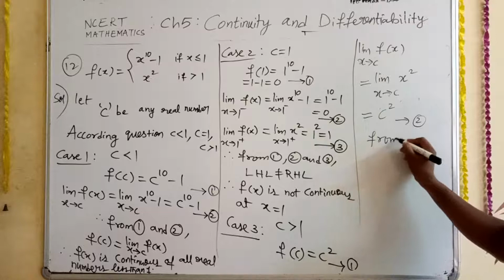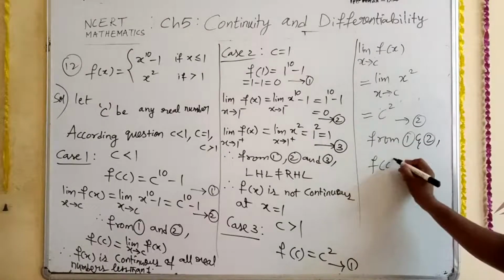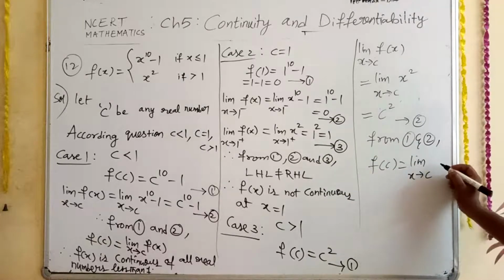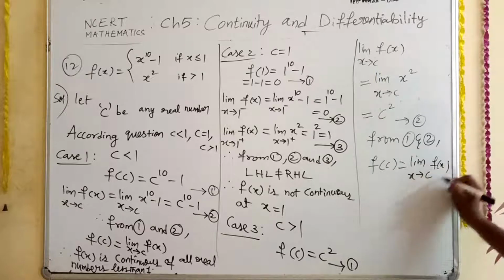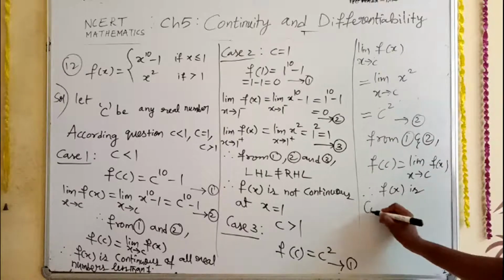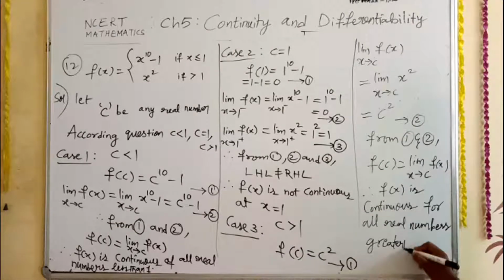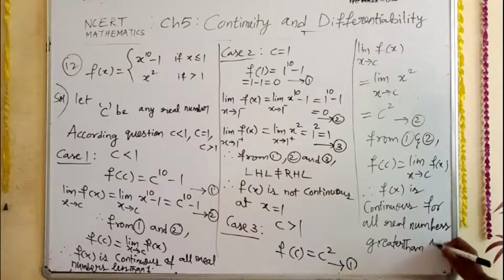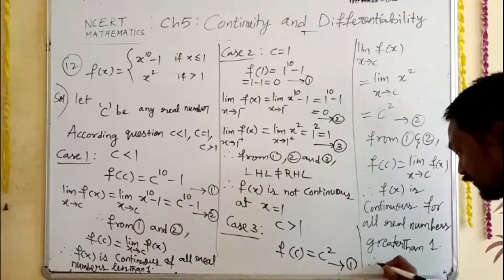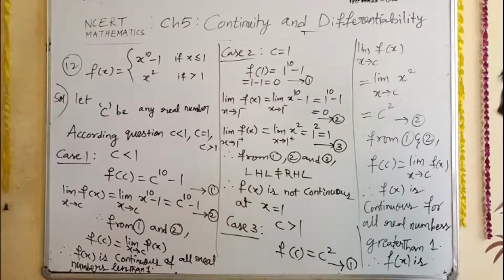So from 1 and 2, f of C is equal to limit x tends to C of f of x. Therefore, f of x is continuous for all C greater than 1. Now, at last, what do we conclude? Therefore, f of x is not continuous at x is equal to 1.